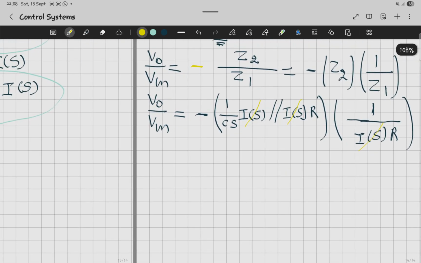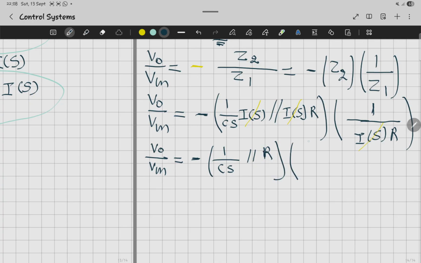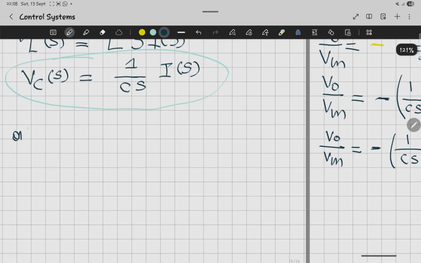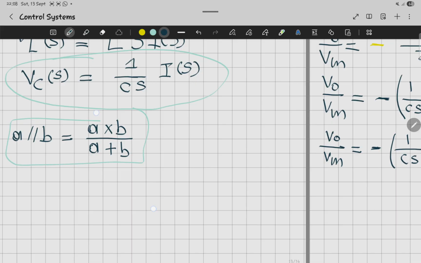So I'm going to write it in a simple way so we can work it out: the negative of 1 over Cs parallel to R, times 1 over R. And how do we solve a parallel equation? When a and b are in parallel, it's the same as a times b over a plus b. So we're going to apply this formula.